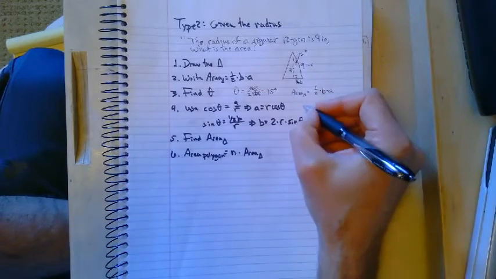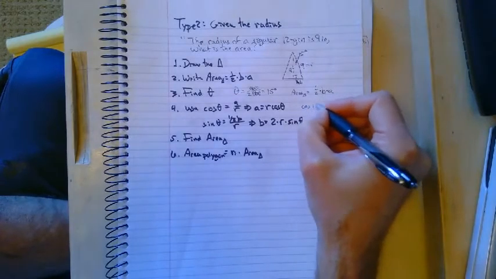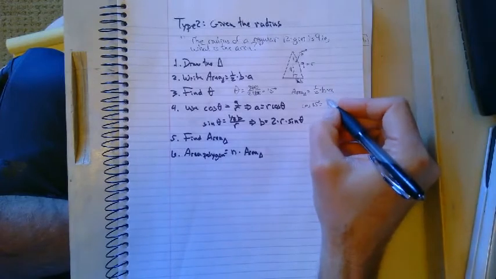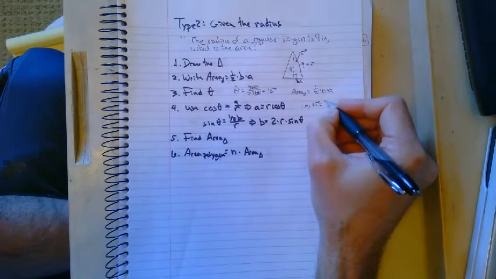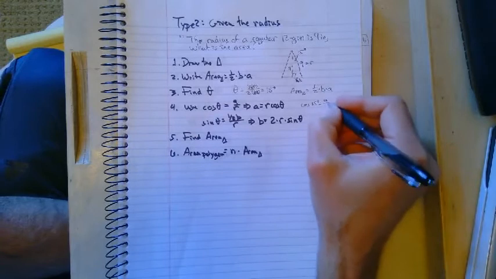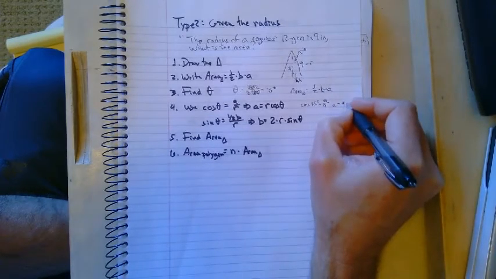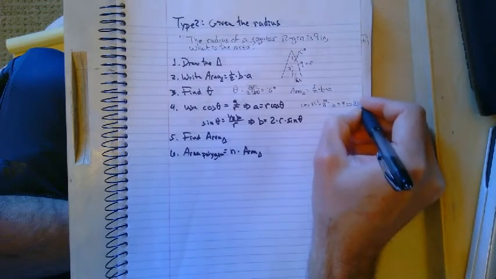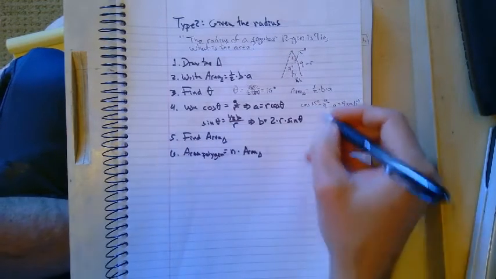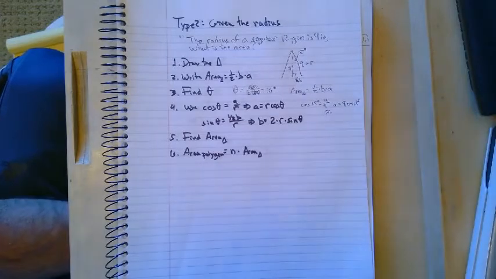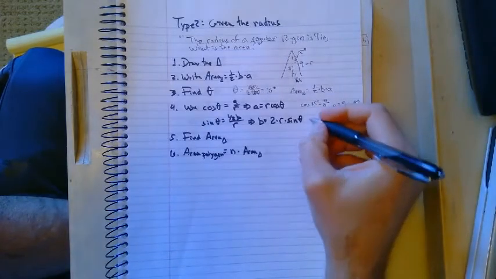So the cosine of 15 degrees is equal to the a, which I don't know, divided by my r, which is 9. So A is going to be 9 times the cosine of 15 degrees, which is approximately, I'm going to leave it as 9 times cosine 15 for now.